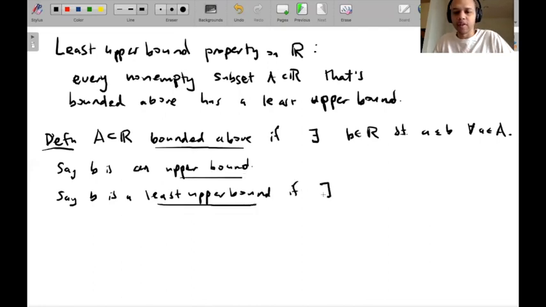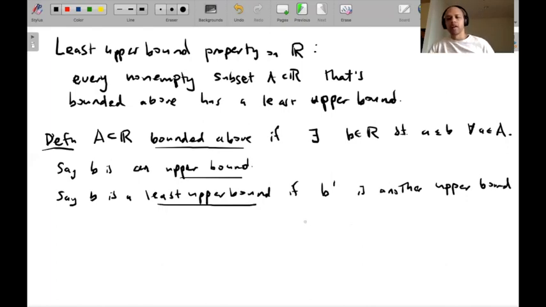So if B prime is another upper bound, then B is less than or equal to B prime. So B is the least amongst all upper bounds.